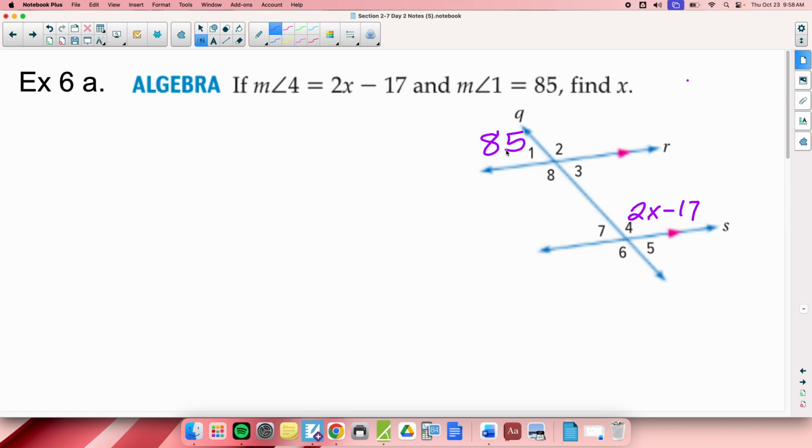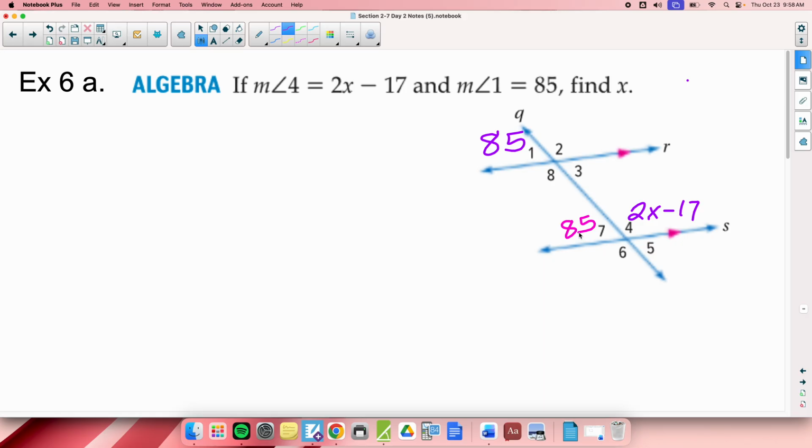Okay, so here's how I do this. I take one of the angles and I move it to its corresponding position. It doesn't matter which one I move, but do you guys get that if this is 85, isn't this 85, right?